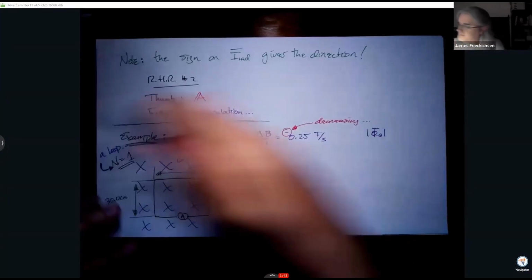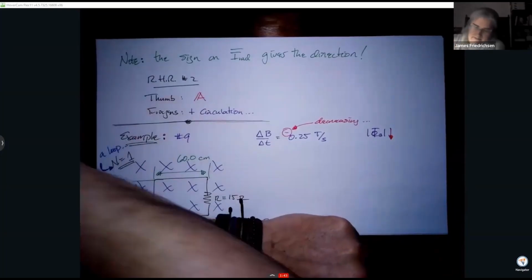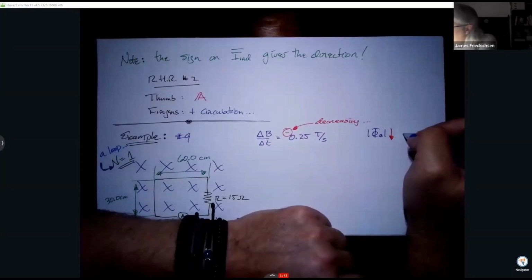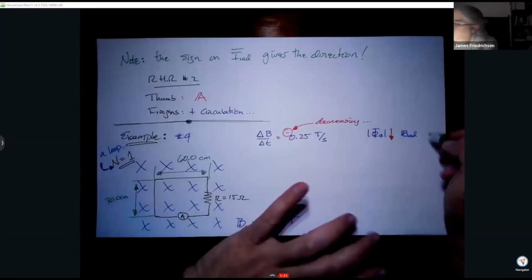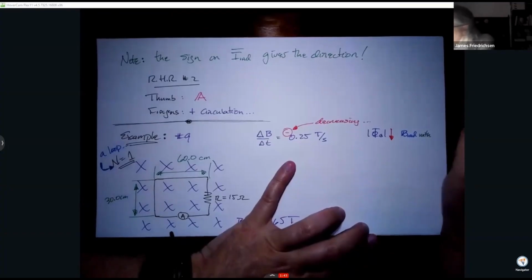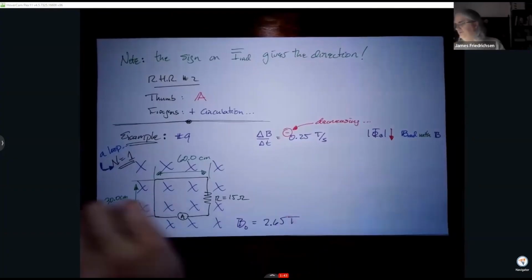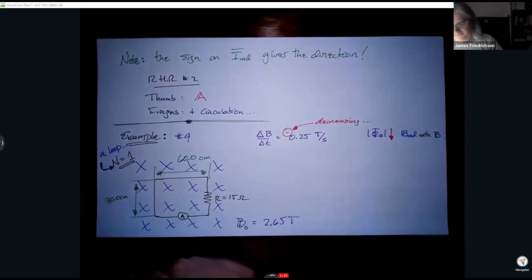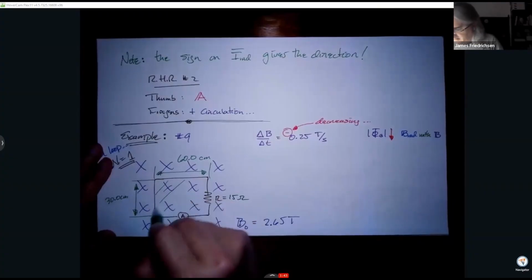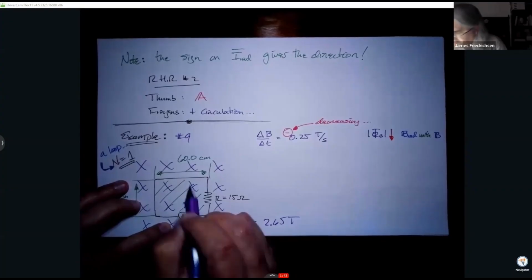So with our flux decreasing, then to oppose the change, the B induced is going to want to go with the B that is going down, make it go back up to oppose the change. And since all we care about is inside the loop, B goes into the page.